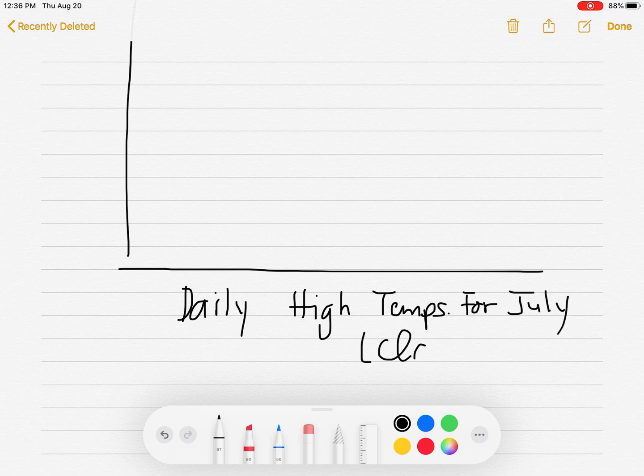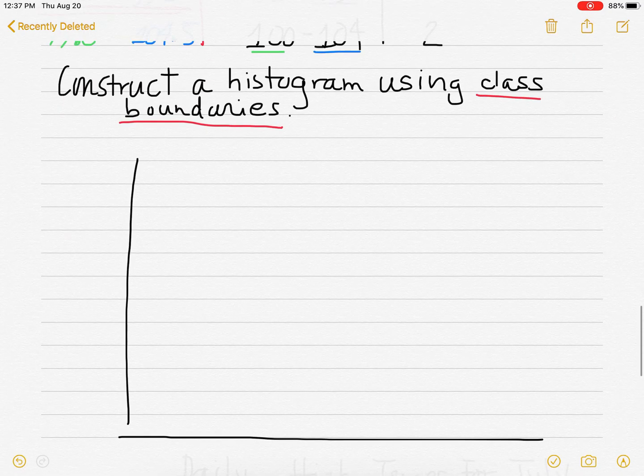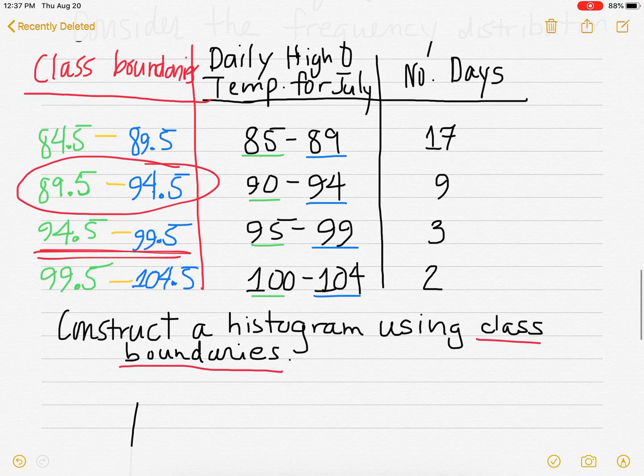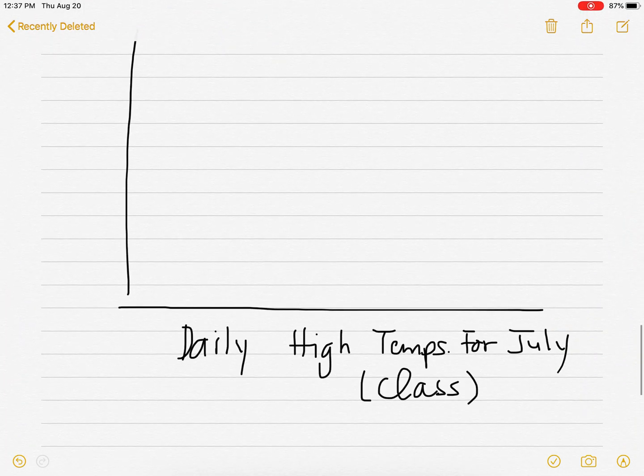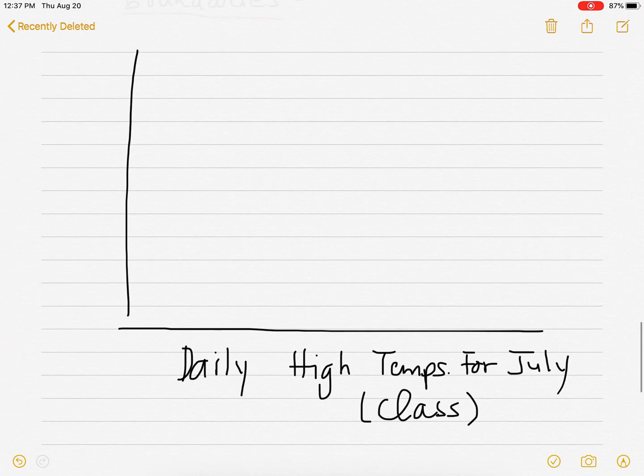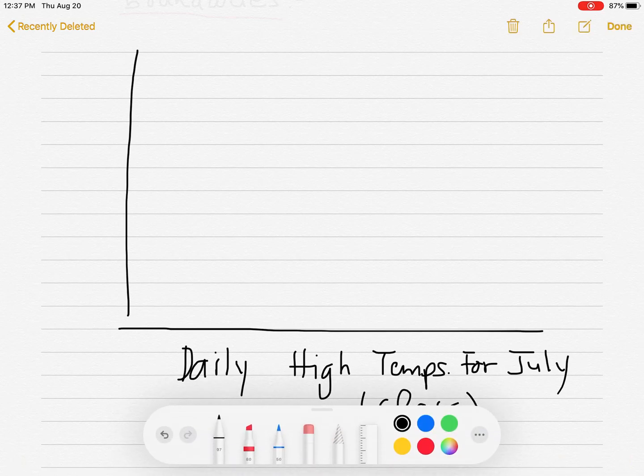These are your classes here. And we're going to use the class boundaries. How many intervals do we have here? We have 1, 2, 3, 4 classes, right? So we're going to have 4 intervals. We try to space them out evenly with markings.